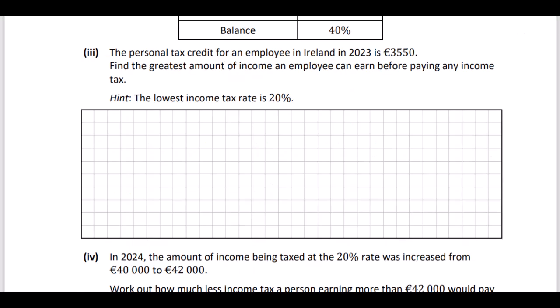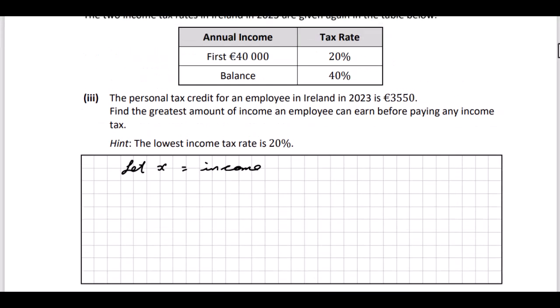Okay, so what we're going to do here is we're going to let X equal the person's income. Now the person is not going to be paying 40% tax, not going to be earning more than the 40,000 euros here. So what we've got to do is look at 20% of some number X. We've got to subtract tax credits, 3,550, and we want that to be 0.